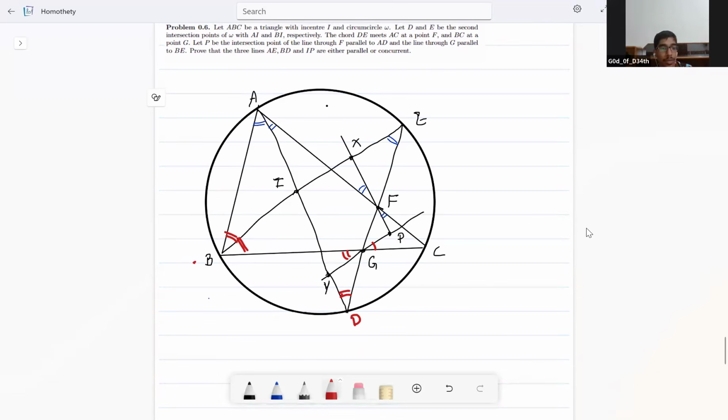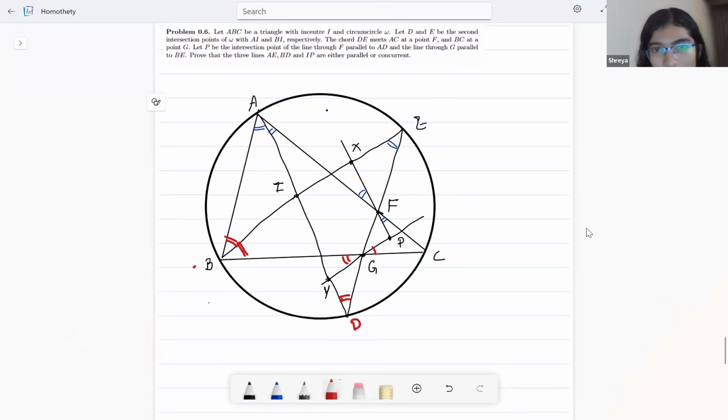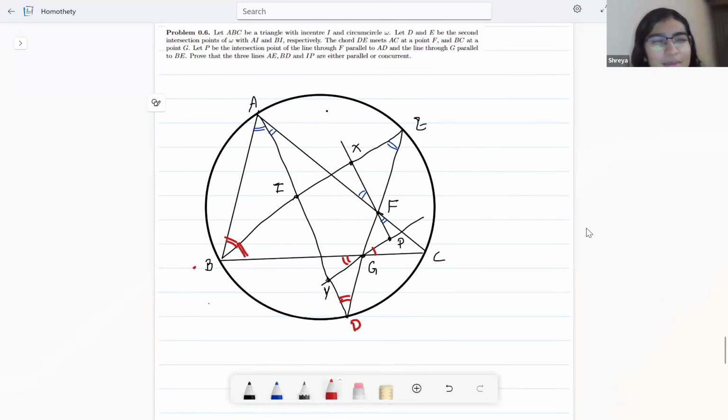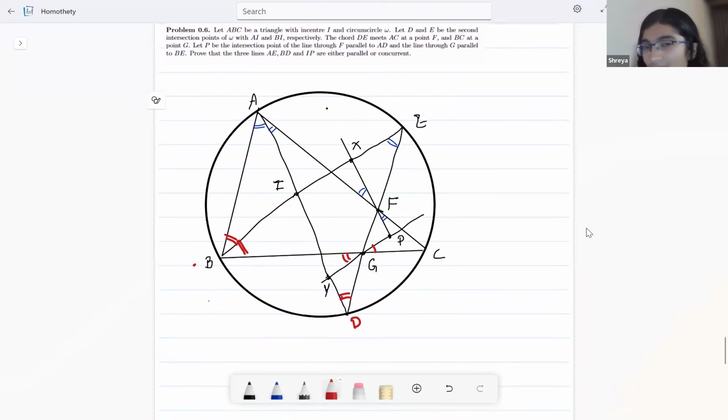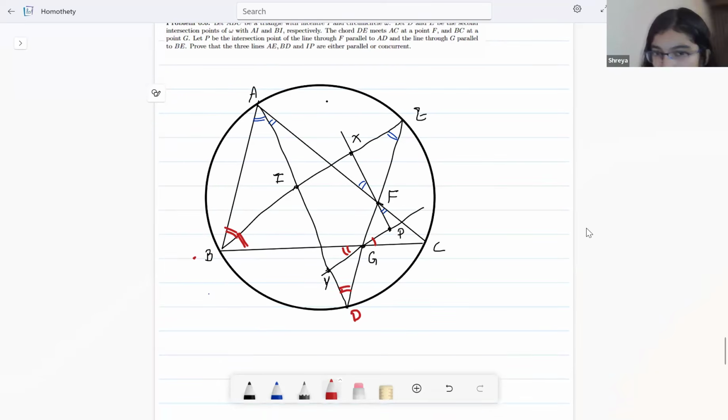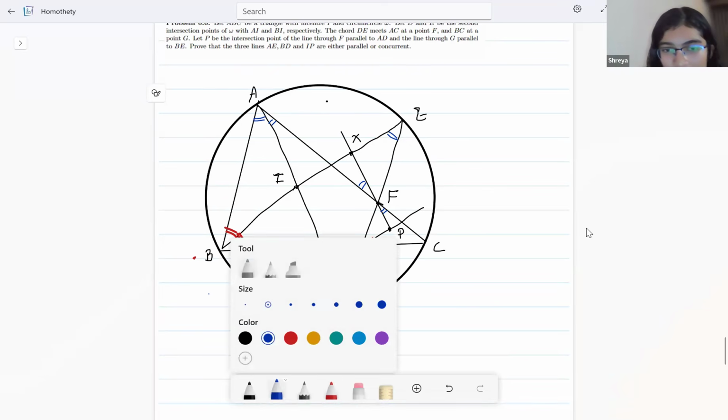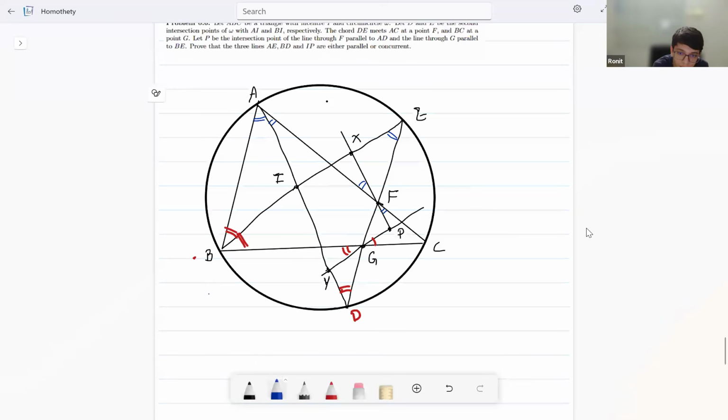Are you saying like use arc midpoint stuff? Arc midpoint stuff, indeed. I mean, no real arc midpoint stuff. Just everything which is marked right now suffices. All the marked angles should give you something. Can we say anything about FPG?